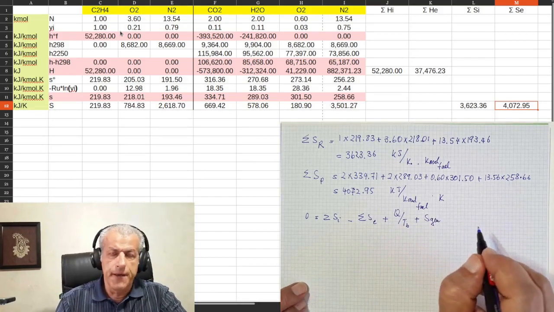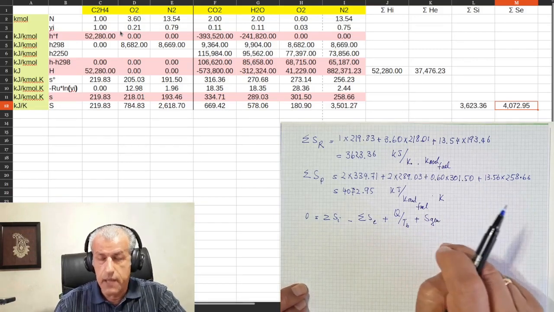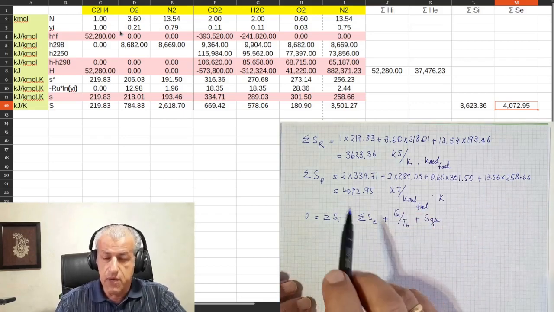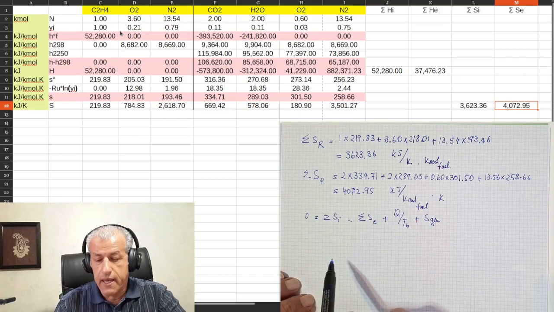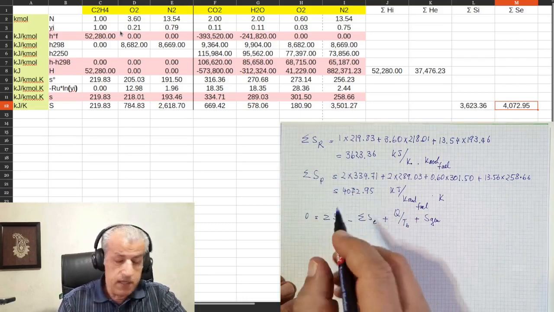Now, there are delicate points in the writing of this equation. Of course, we have achieved a great deal by calculating SI and SE, which is just SR and SP that we have done here.